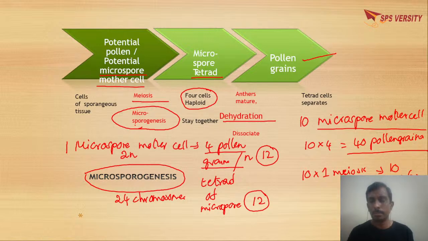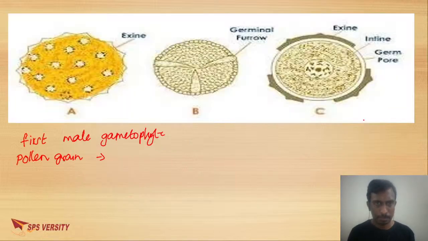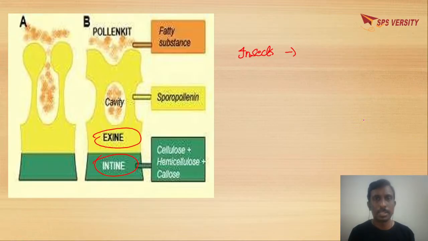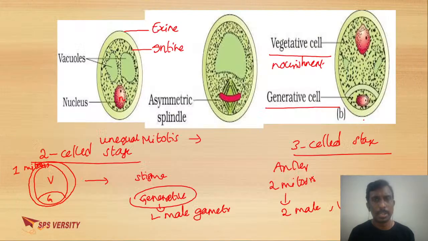At the same time, during the development of the pollen grain, starting from the haploid nucleus to the male gametes, a total of 2 mitotic divisions take place inside the pollen grain.